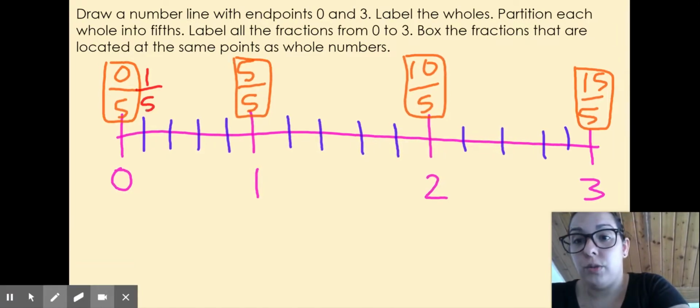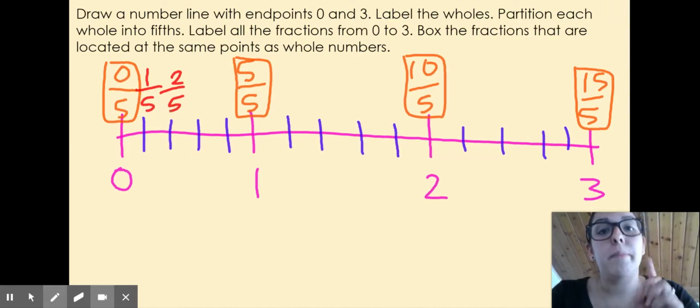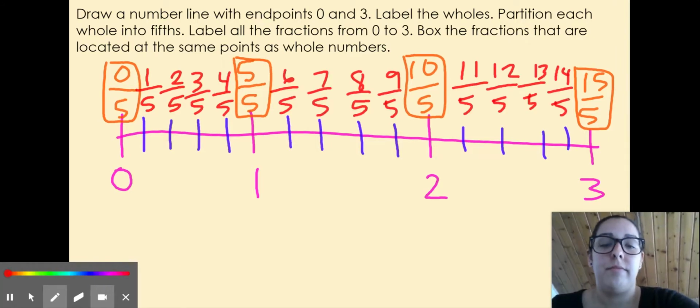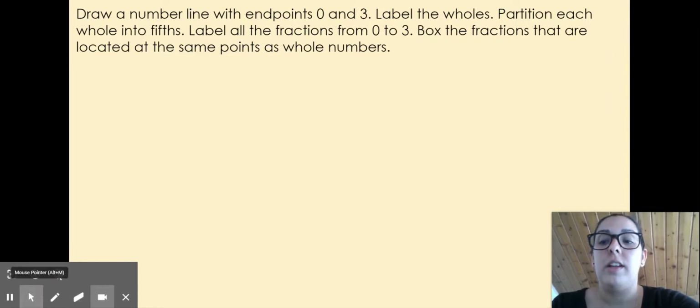Then 2 fifths. Then 3 fifths, 4 fifths. Go ahead, pause the video, and fill in the rest of this number line. Does yours look like mine? Perfect. All right, I think you guys are getting the hang of it. This is extra practice, remember, so good job.